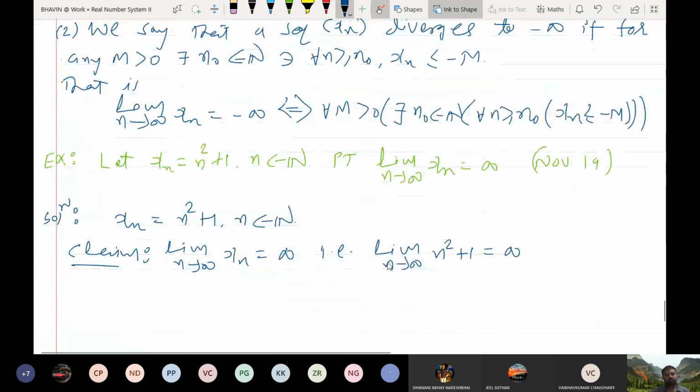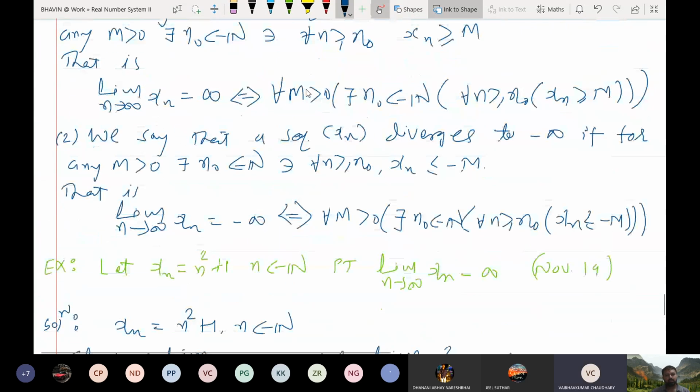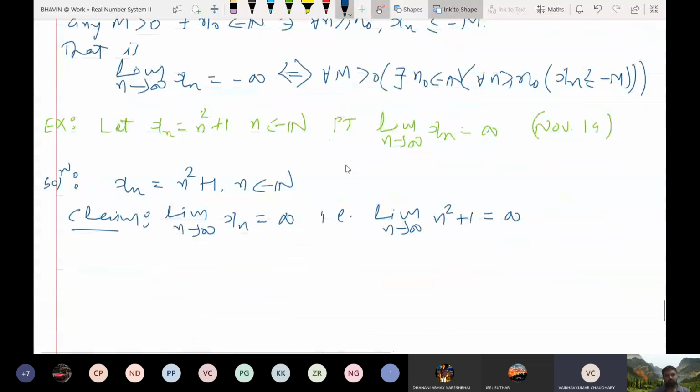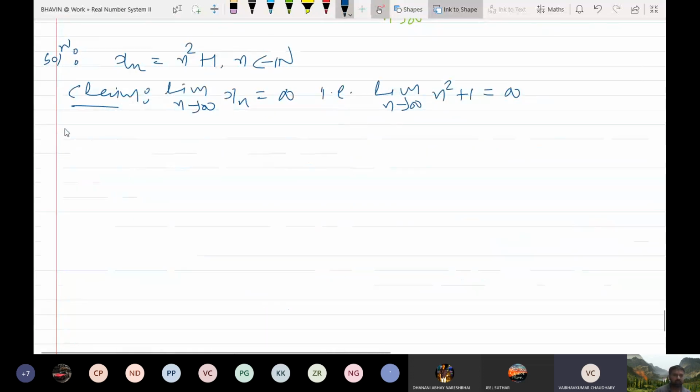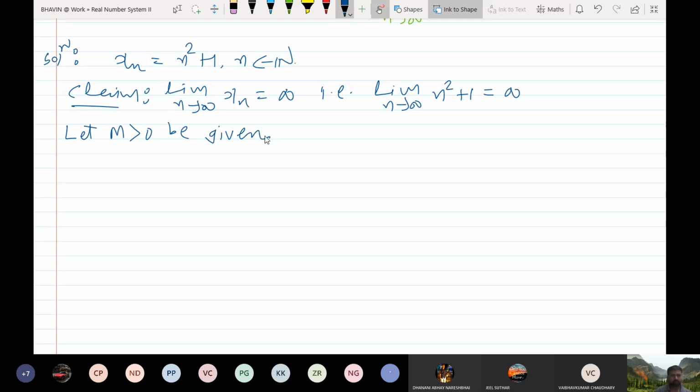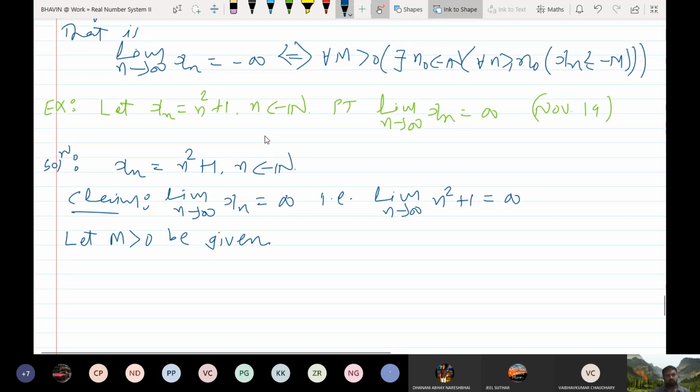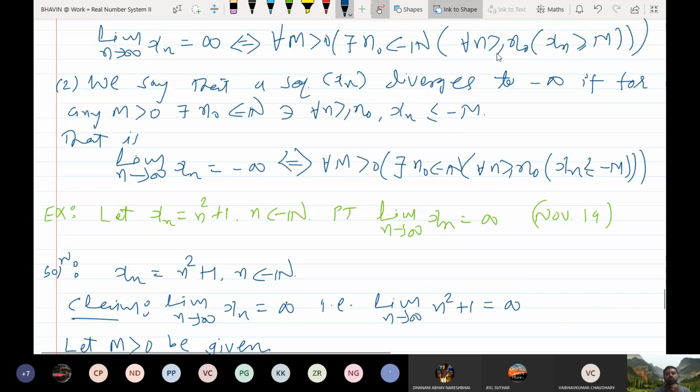So from where should I begin? Yes, let m greater than 0 be given. I want to find n naught in n so that xn is greater than or equal to m.